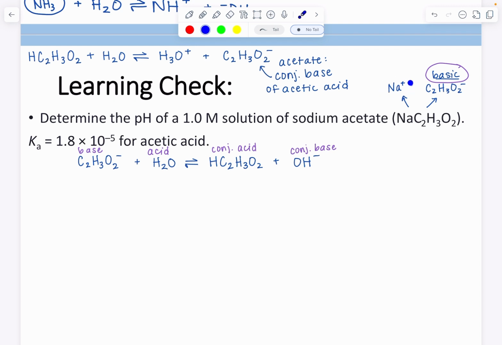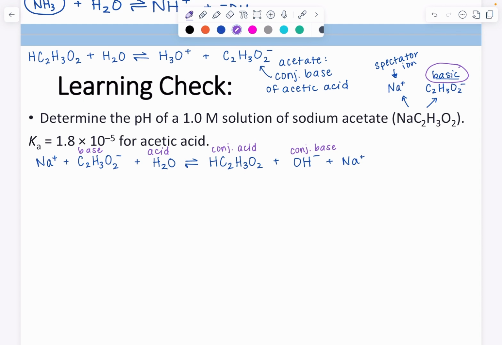Na plus is a spectator ion, so it's not really needed in the actual reaction, but it could be added as both a reactant and a product. It's a spectator, so it doesn't do anything in the reaction. It's not involved in this acid-base reaction.